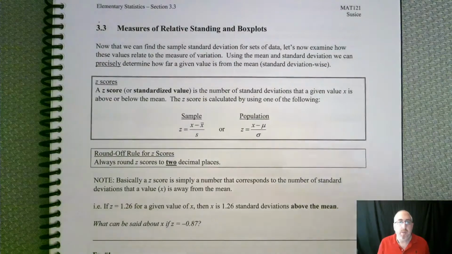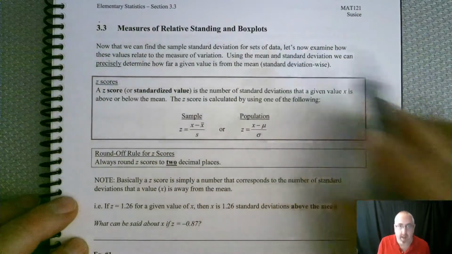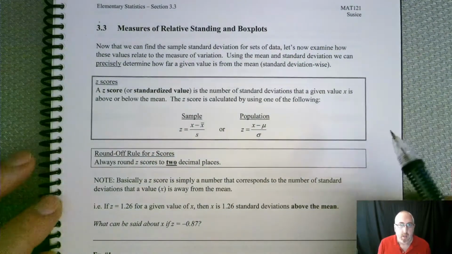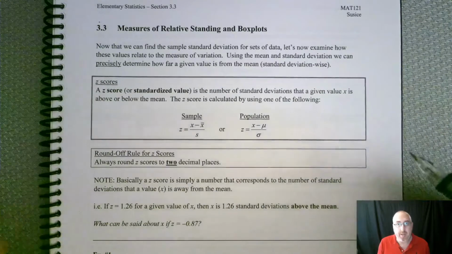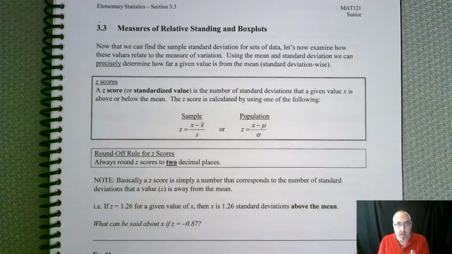Welcome back, folks. We are now in section 3.3 for elementary statistics, which gets into measures of relative standing and box plots. The first part of this connects pretty well to what we just finished in 3.2. Remember, we were looking at Chebyshev's and the empirical rule, and how the number of standard deviations away is important for determining the percentage of data between cutoffs above and below the mean.